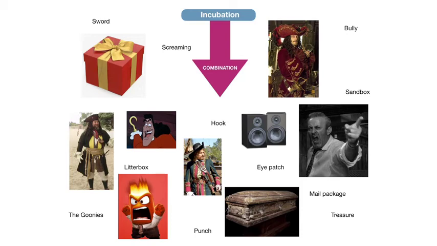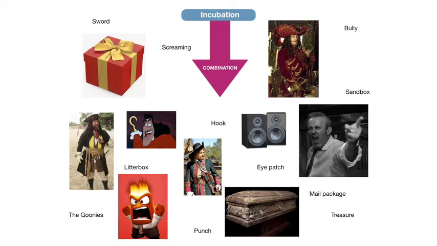It's a combination of both the active process and the rest process, where things just need to cook for a while. What I did here is I placed on this sheet the images that I looked for, the words that I came up with, all the information based on the input, and let's see what happens if I start combining this information. So this is where we get to illumination.